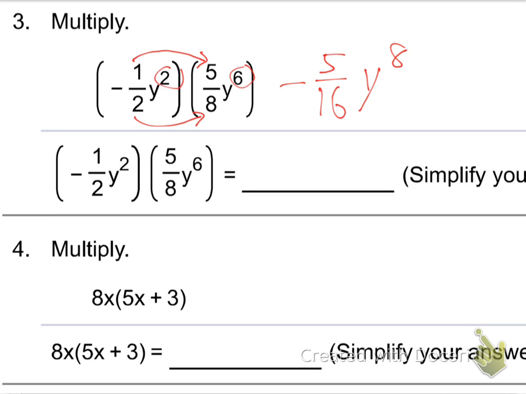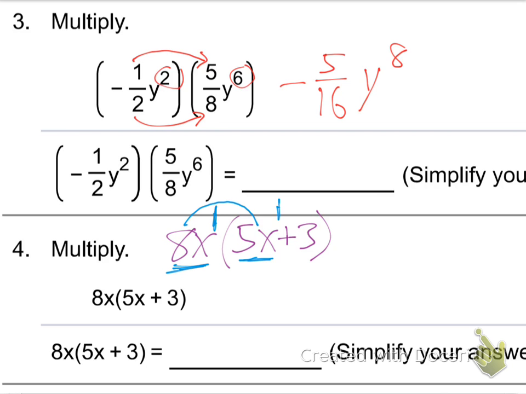Make it a little bigger here. It's 8x times the quantity 5x plus 3. Okay, so what's the rule? The 8x multiplies the 5x. 8x times 5x? 40x squared. Because what powers do those x's invisibly have? Remember, any letter that's not showing its power really has an invisible power of 1.